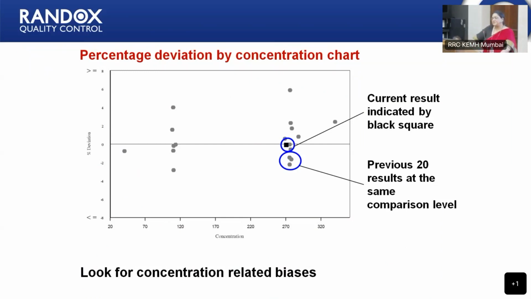The y-axis shows the percentage deviation. And again, 20 data points are plotted, with the gray colored circular points being the previous sample data, whereas the current sample is denoted by a black colored square point.